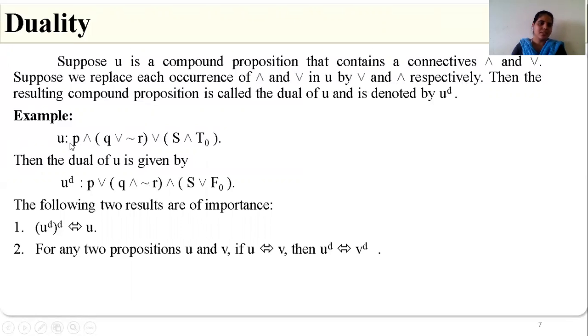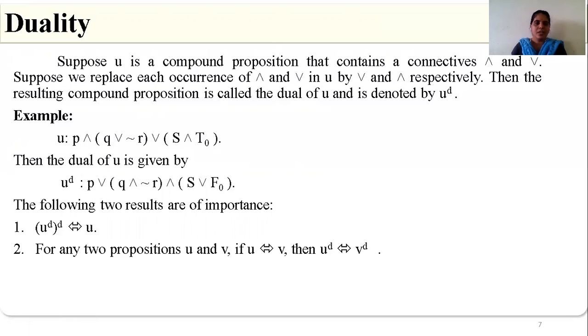Let's consider an example. The given compound proposition is P conjunction Q disjunction negation of R, disjunction S conjunction true. The symbol for duality is U raised to D. If U is a proposition, the dual of this is U raised to D. We need to replace conjunction by disjunction and disjunction by conjunction.